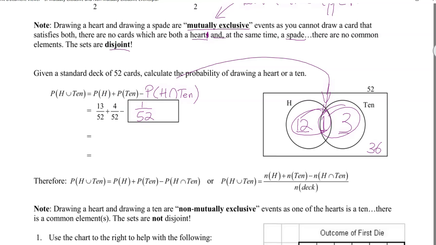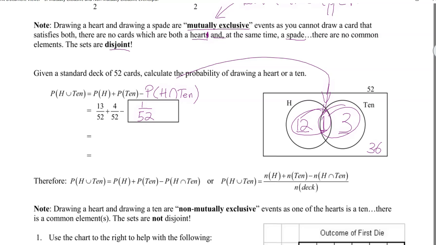So using just the formula and not bothering with the Venn diagram, we have to worry about the "and" probability, right? Leave this; don't reduce it to 1/4 and 1/13. If you reduce these probabilities to 1/4 or 1/13, you're not going to be able to add them.